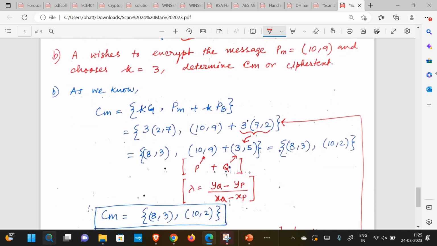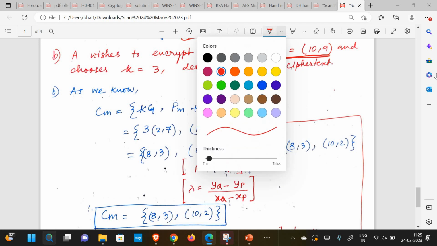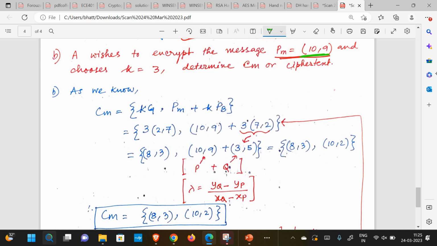Now, suppose the given question is, A wishes to encrypt the message. See, the message is given in a point format, 10 comma 9. As I said, you should be given a message in this form. You cannot be given any other way. So the message is 10 comma 9 and my random variable, small k, is given as 3.